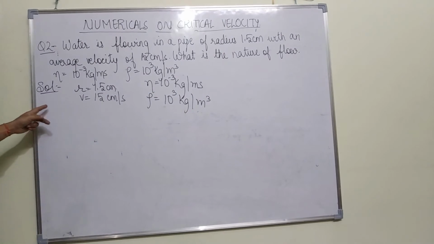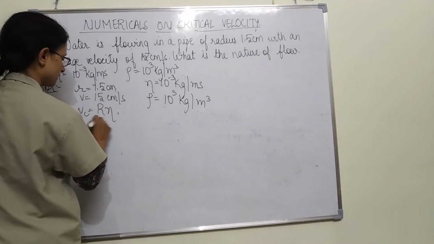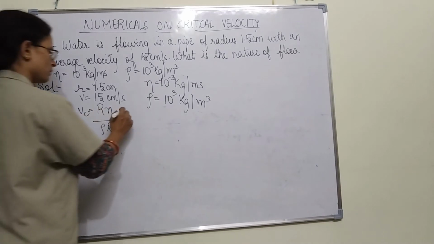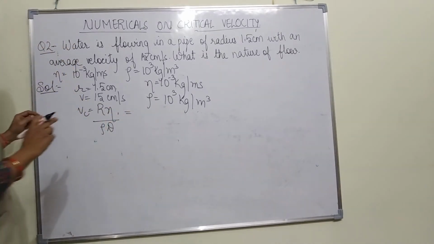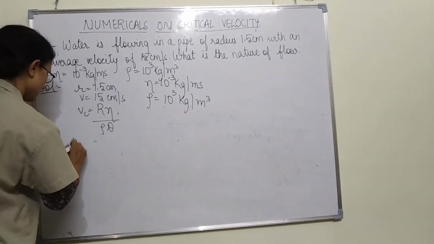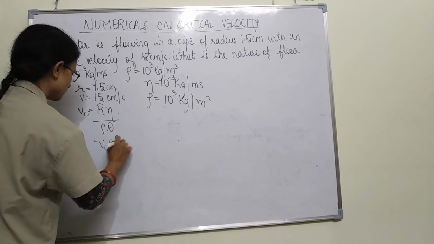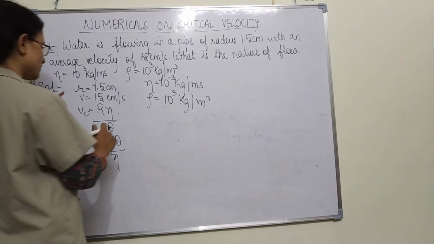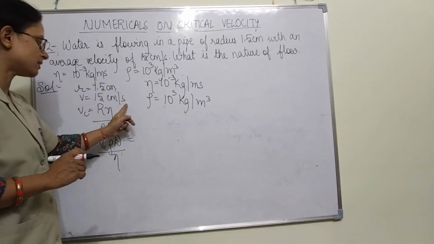Now we have the formula Vc is equal to R eta upon rho d. Here we have to find the value of R, so we write the formula as R is equal to Vc rho d upon eta. What is the Vc here? The velocity is given as 15 centimeter per second.